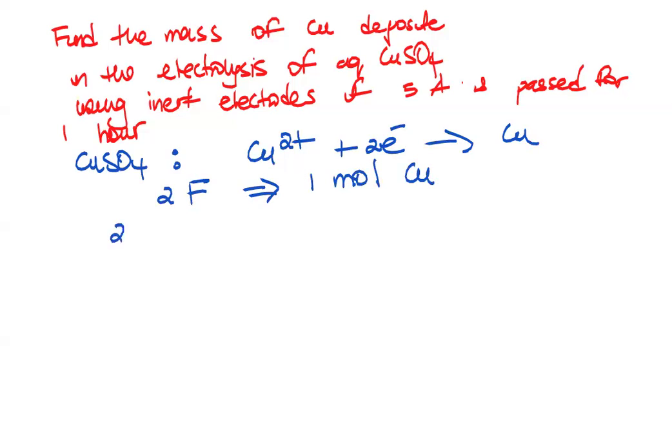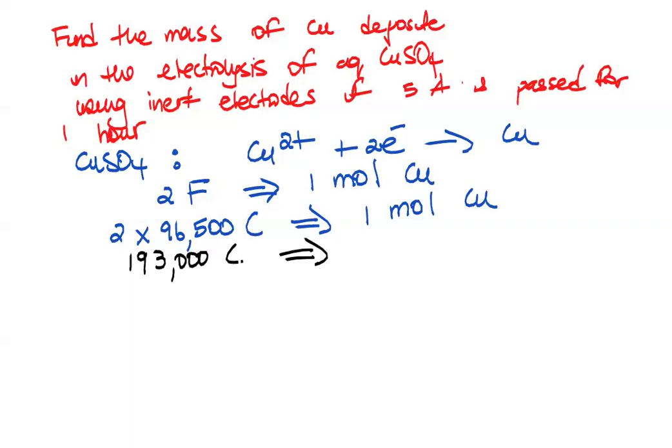Therefore, 2 by 96,500 C will give me 1 mole of copper. 1 Faraday is equal to 96,500. You all okay here? Or 193,000 C will produce 1 mole of copper. That is the quantity of electricity I need to get 1 mole of copper. All good?